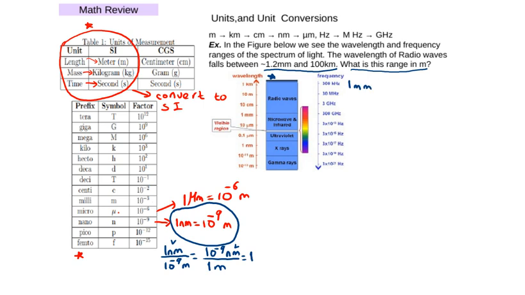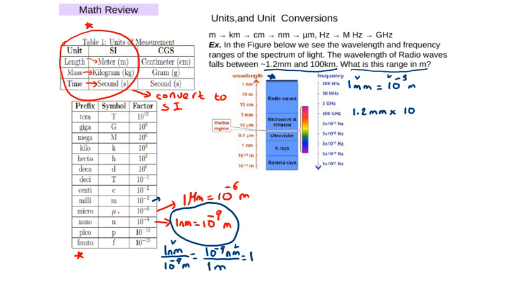What is the range in meters? So we're going to convert both of these to meters. First, let's do the millimeters. If I look at my table here, milli, 10 to 3, so this tells me 1 millimeter is equal to 10 to minus 3, again, minus 3, not 3 meters.